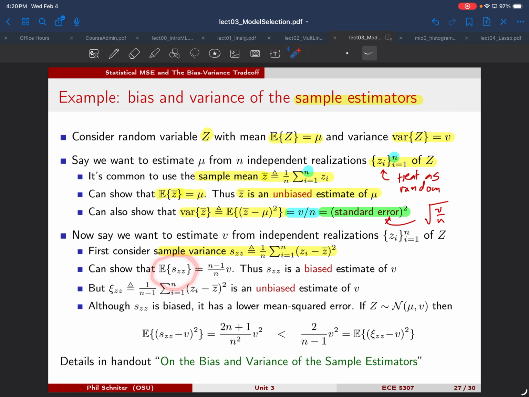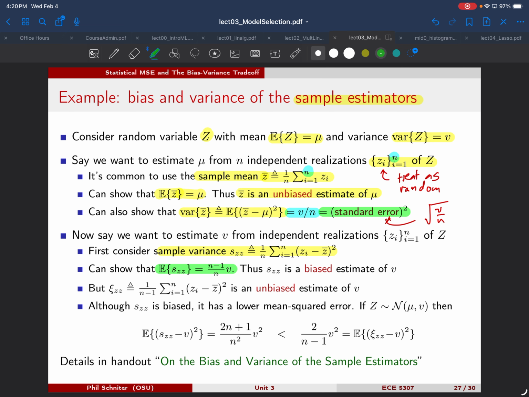If I do many, many experiments where I try to estimate v this way, I get all these different versions of the sample variance and I look at them on average, I will actually find that this is systematically a little bit lower than v. So in particular, it's n minus 1 over n times v.